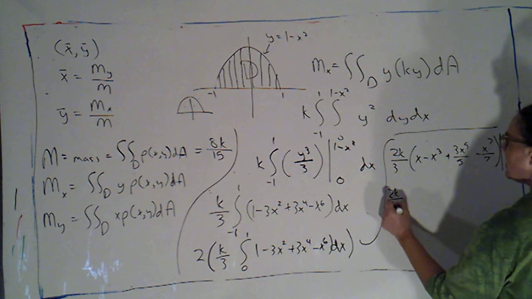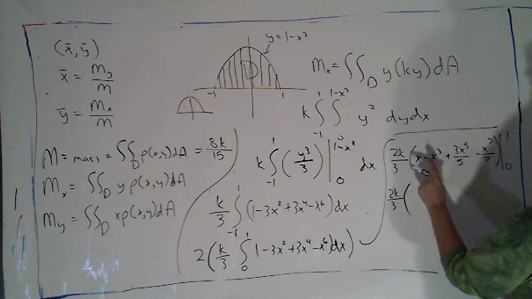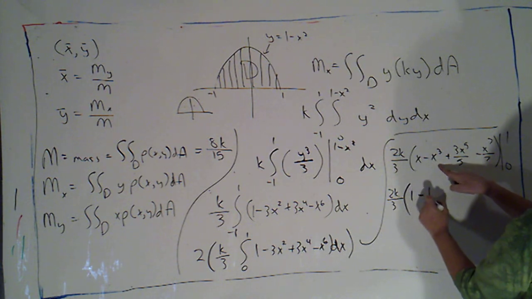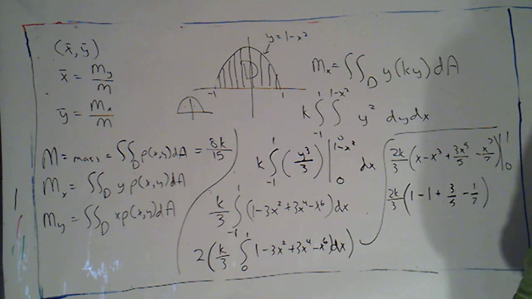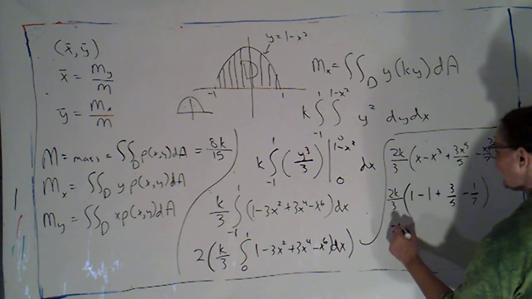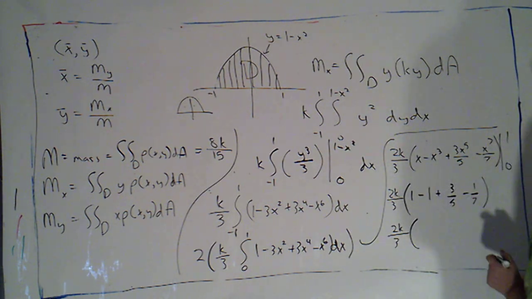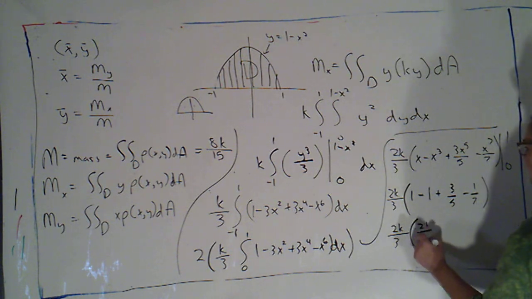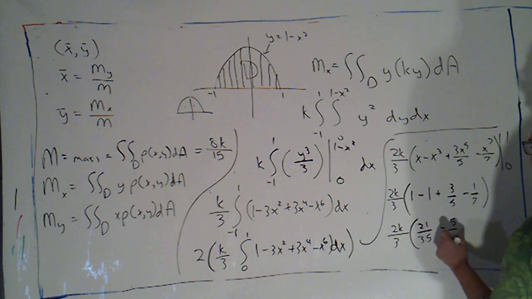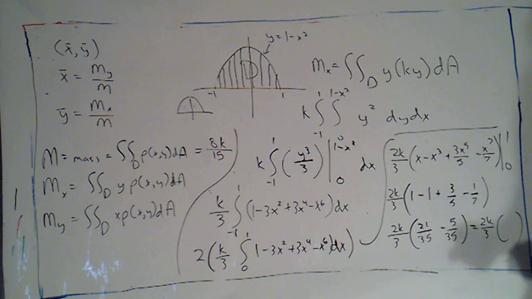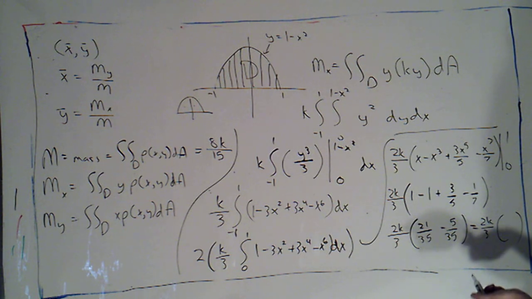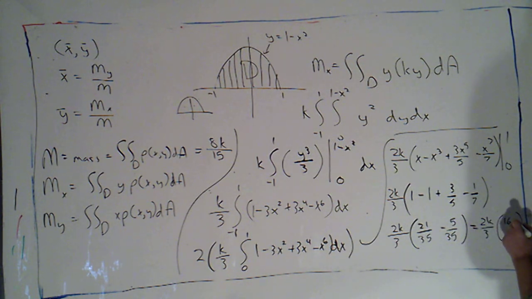So that's 2k over 3 times 1 minus 1 plus 3/5 minus 1/7. Oh, those 1's cancel, so that's 2k over 3 times, let's see, this will be 21 35ths minus 5 35ths. So that's 2k over 3 times 16 35ths. Yeah, that works. 16 35ths.